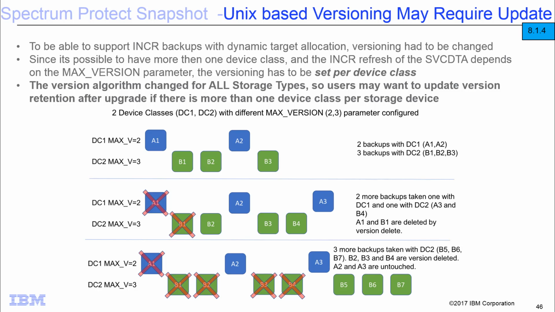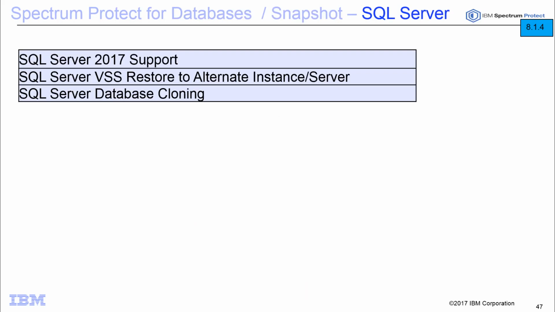And finally, some improvements for Spectrum Protect for databases and Snapshot for SQL Server. First, we have SQL Server 2017 support, so we begin supporting SQL Server 2017.